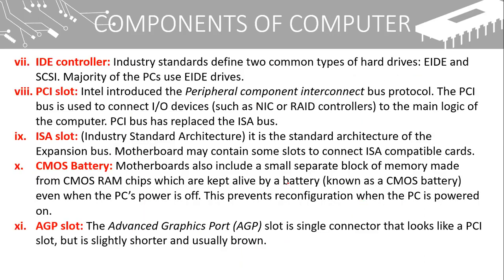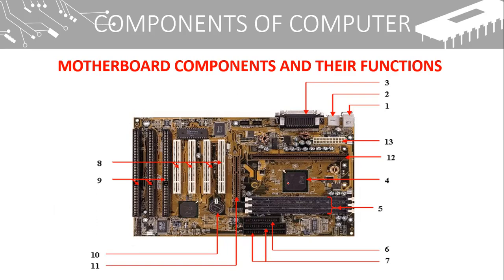So we now have the AGP port. AGP means Advanced Graphics Port. It's a slot, a single connector that looks like a PCI slot, but slightly shorter and usually brown, just like we have it here.